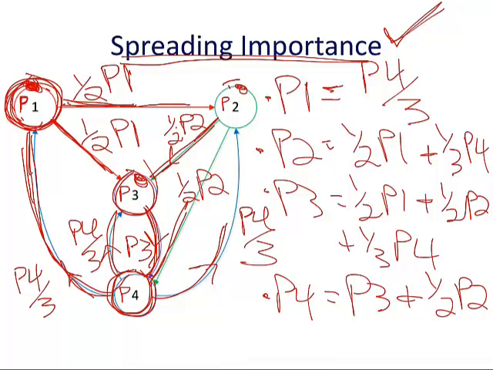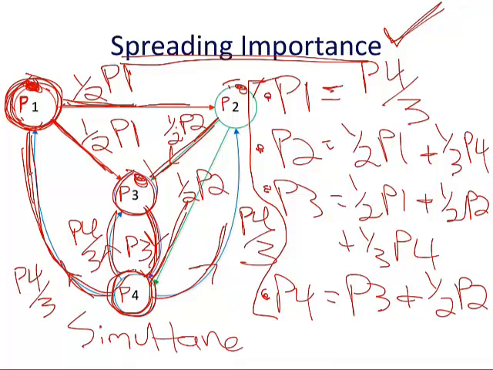Now, we have 4 equations here, and we have 4 unknowns. So if we remember back to our algebra, we can solve a set of simultaneous equations to get the answer to this problem. And that is what we will focus on in the next segment.